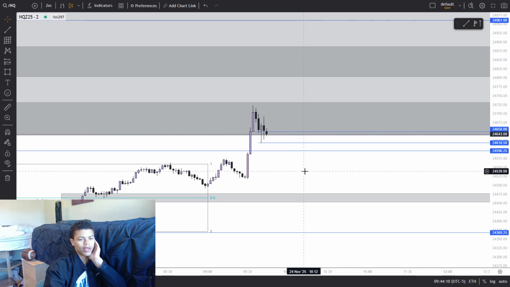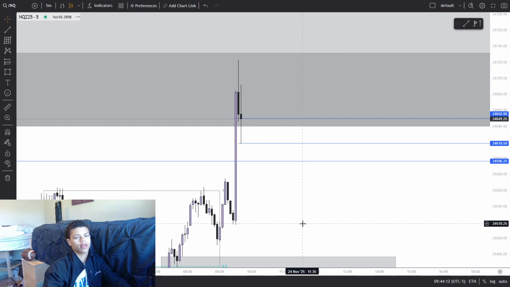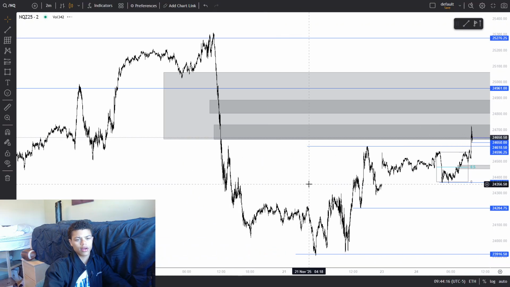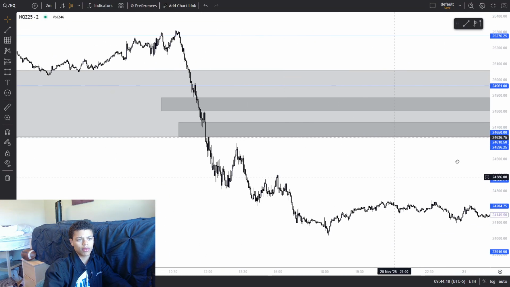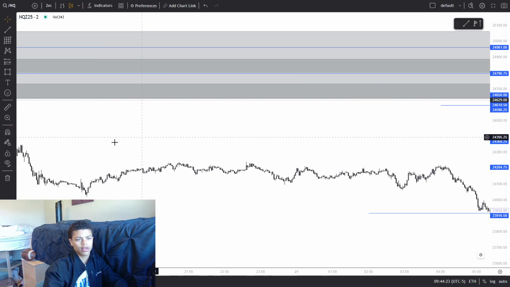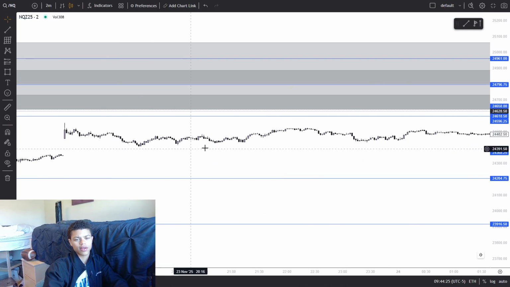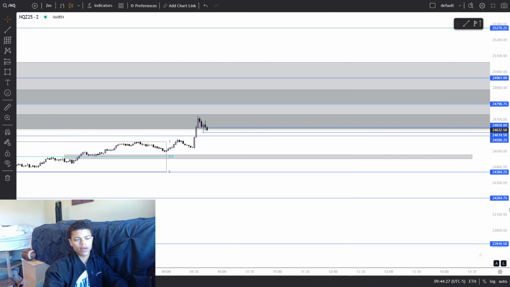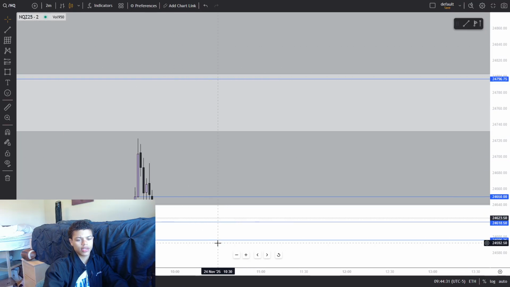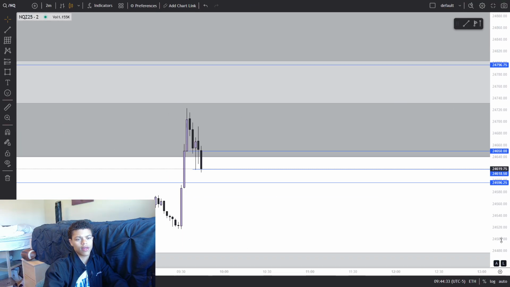And now we have this 2 minute order block that we can definitely use as validation to push lower. I don't really see any resting liquidity above this. And we do have this sell side technically, or buy side, sorry. It's not right above though.